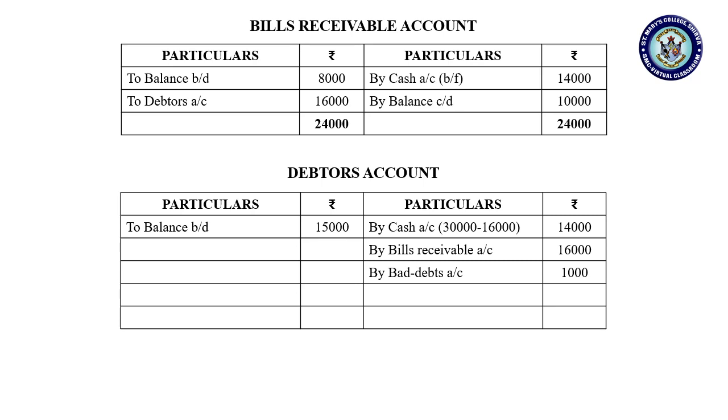Okay, next. After bad debts, the closing balance. So write by balance carried down 18,000.